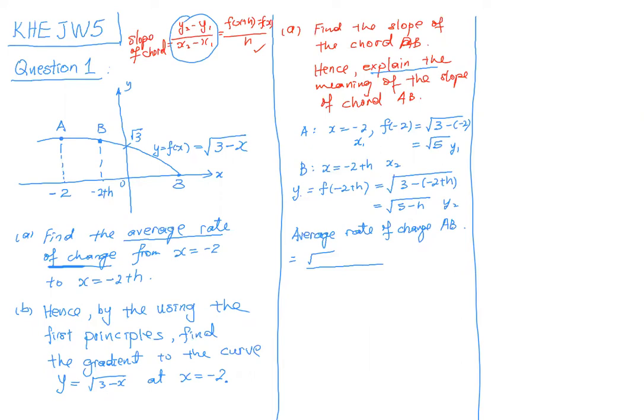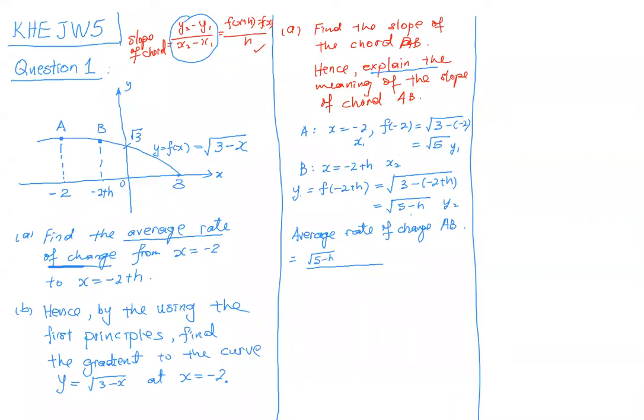So it has to be square root of 5 minus h minus square root of 5 over -2 plus h minus -2. You know, to make your life easier, use this: square root of 5 minus h.